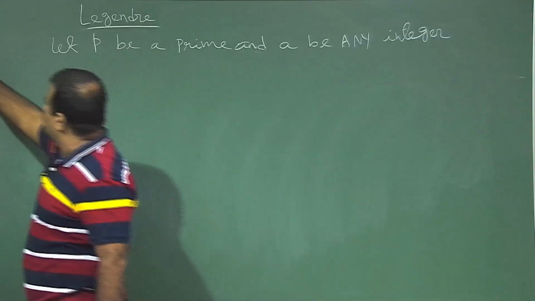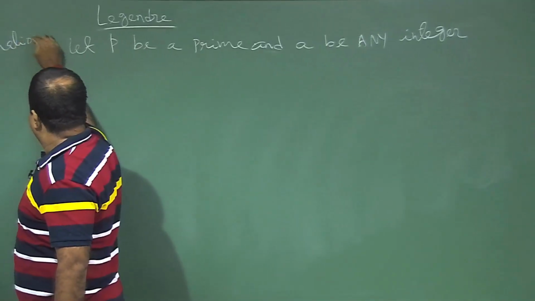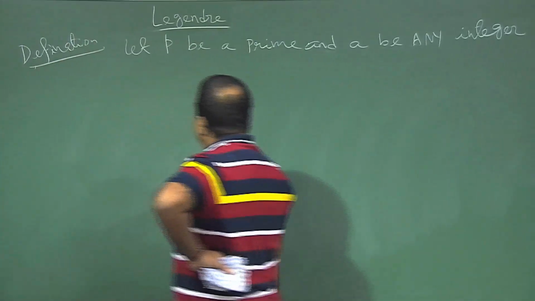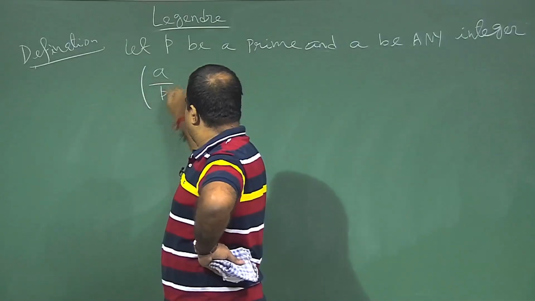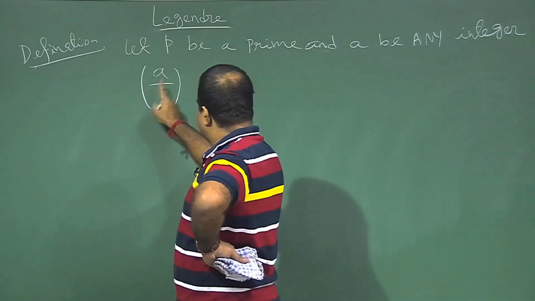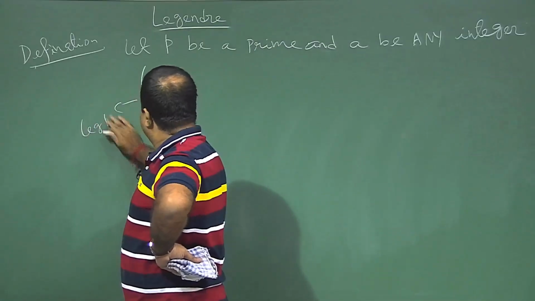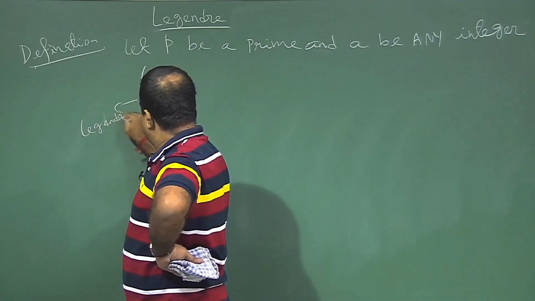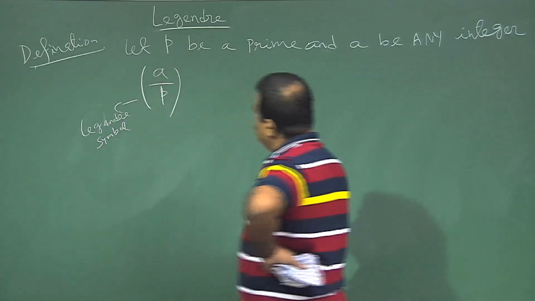Then we define A by P like this. This is the Legendre symbol. This is how we denote the Legendre symbol.